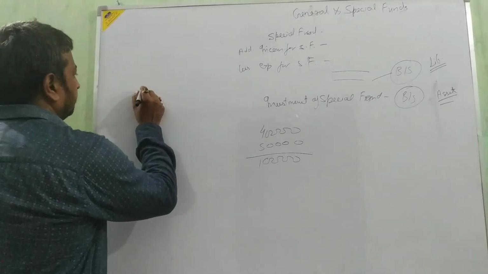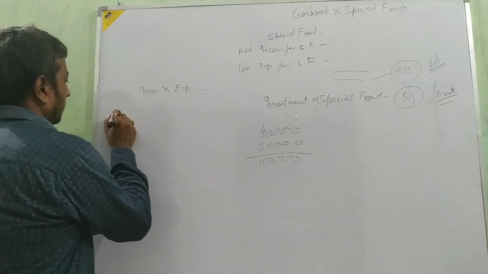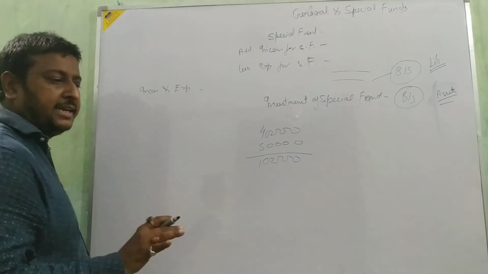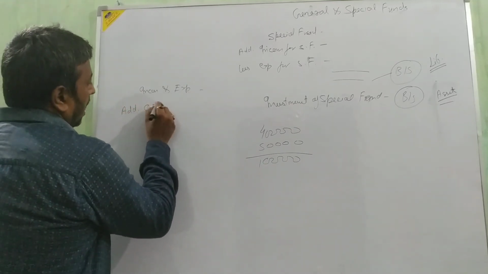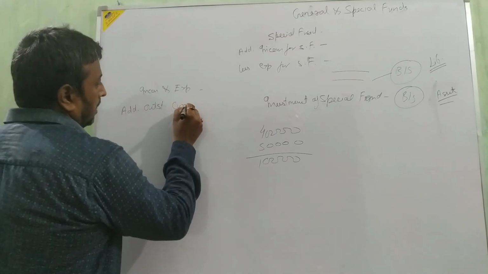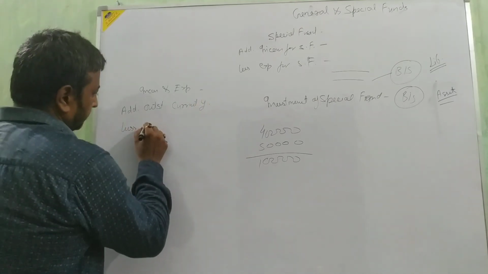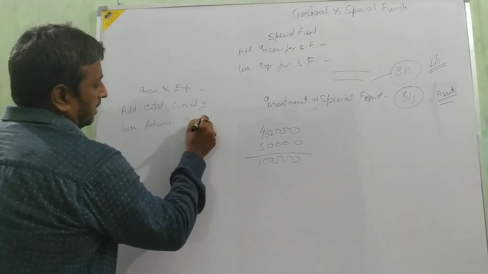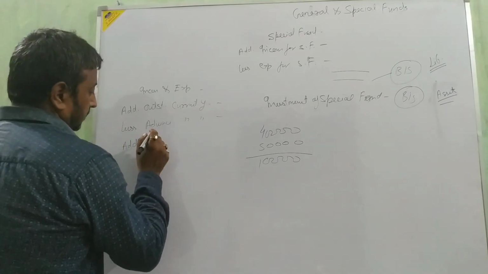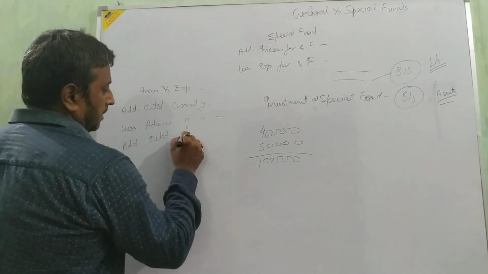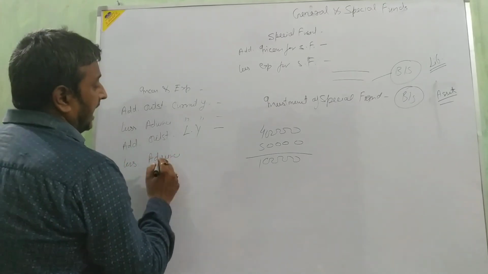For any expense, the amount we are spending during the year, add outstanding current year, less advance current year, add outstanding last year, less advance last year.